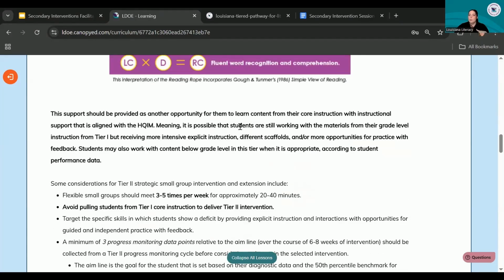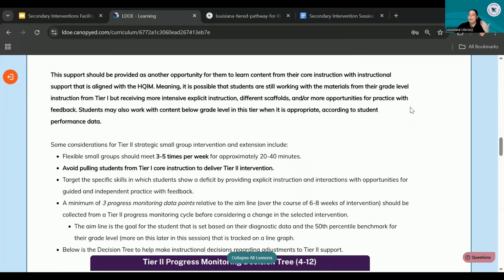Think of this as another opportunity for them to learn the content outside of their core instruction. So you want as often as possible to have your tier 2 instruction aligned to your tier 1 instruction for that instructional coherence that we talked about last time. Every time that it's possible, you want it as aligned as possible to what they're doing in core.